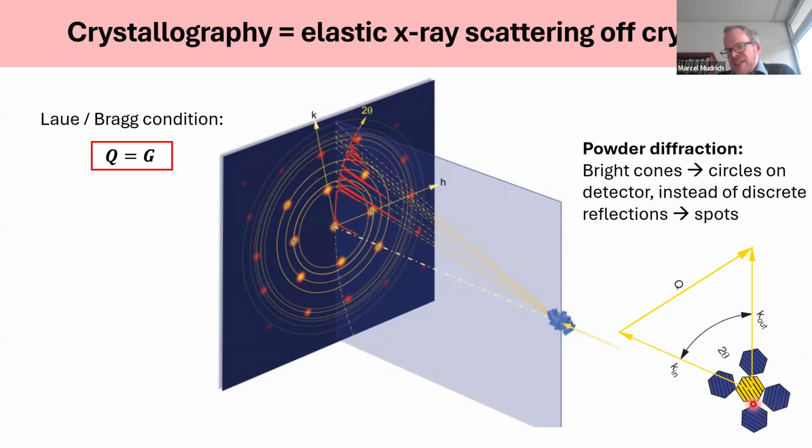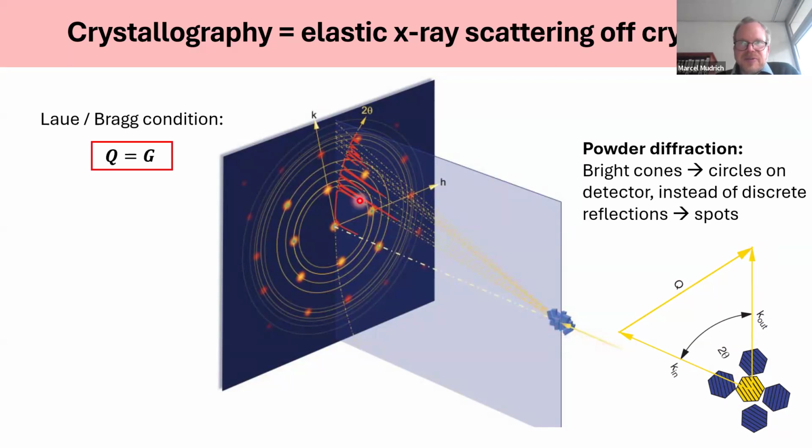But what happens is that for one specific incident K vector that has a specific length, because we assume monochromatic radiation, and one specific direction given by the beam, only those microcrystals that just happen to fulfill the Laue condition would produce a scattered bright peak, right?